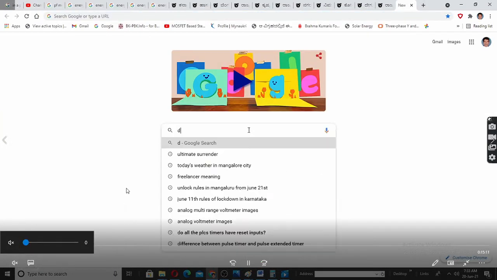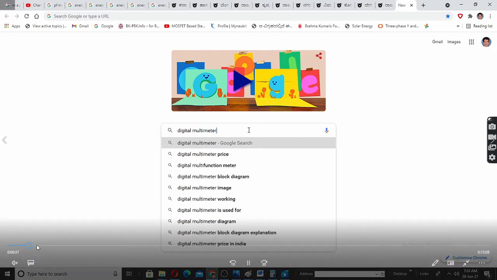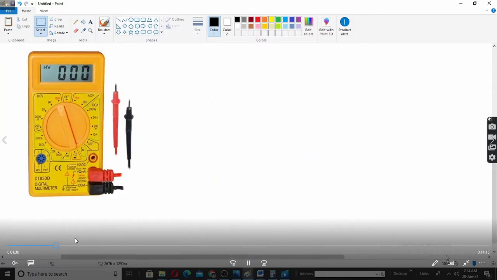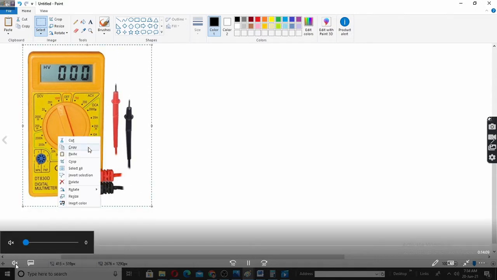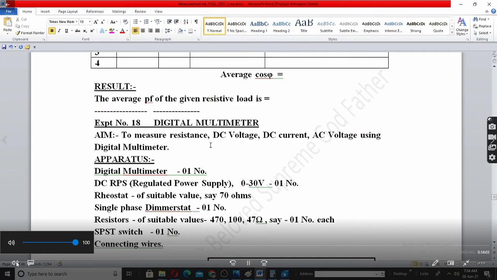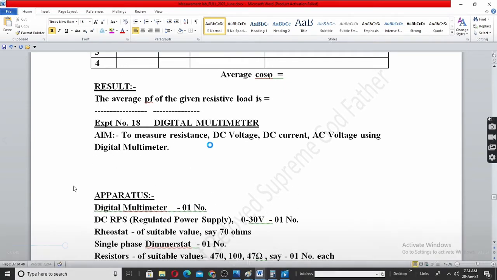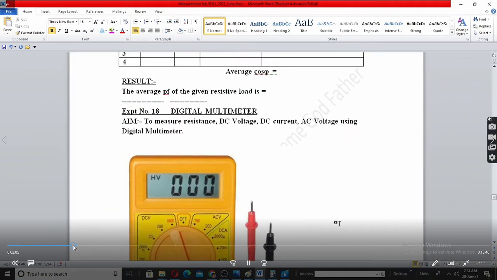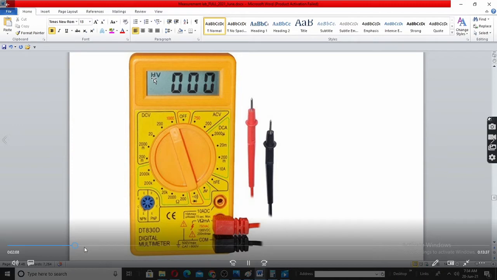So, this is the image of the digital multimeter. If you see here, this is the display.